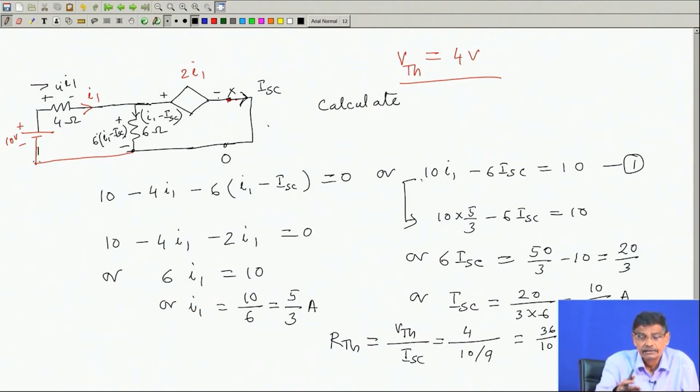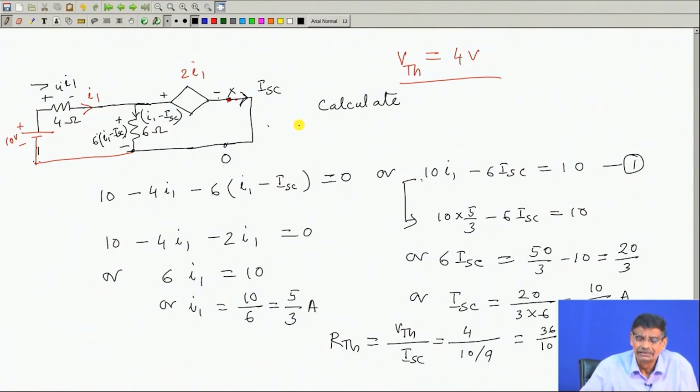Then there are 2 ways you can calculate R Thevenin. One is to excite the network with a known voltage or current source and then find the current drawn by the circuit, and from that find R Thevenin.